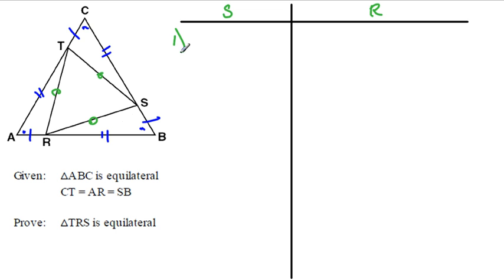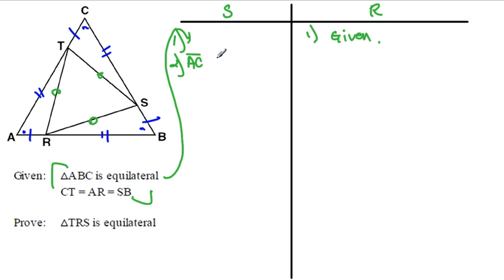So first, we're going to bring this one over here. And then we're going to write down given. Then number 2. We can say AC must be congruent to BC, which is also congruent to AB.